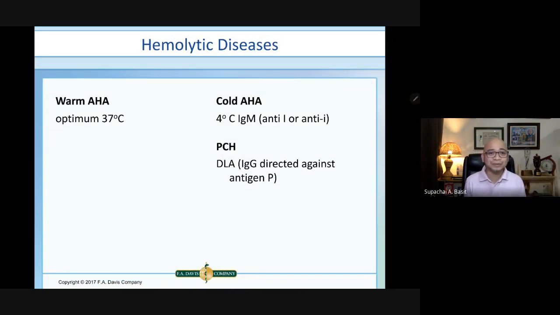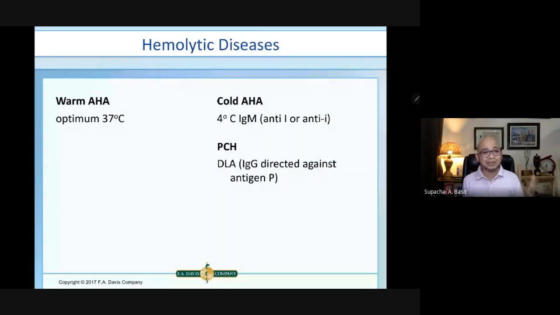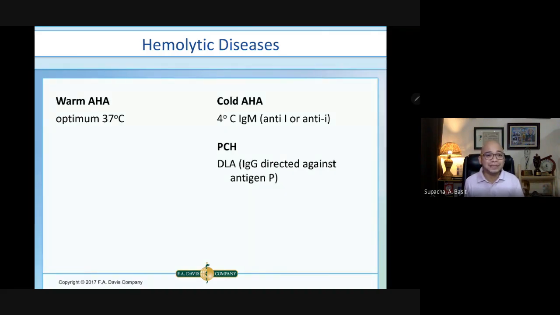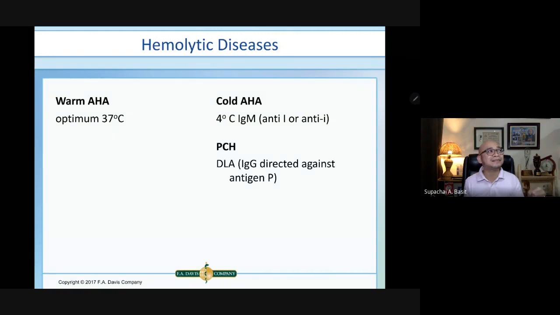And of course, you do also have the hemolytic diseases. So as what I told you in the introduction, our own antibodies can destroy our own cells. So this type of hemolytic anemia, though it was already discussed in hematology, I just want to review it with you, is characterized by warm autoimmune hemolytic anemia if the antibody reaction becomes optimum at 37 degrees.